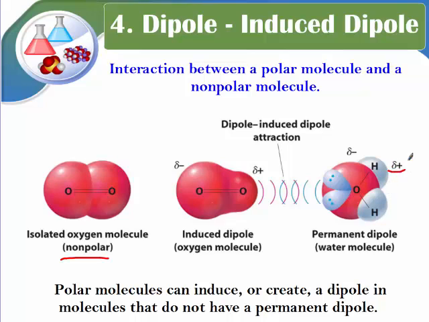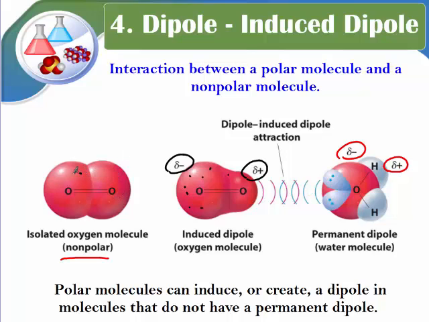So water is slightly positive and slightly negative. When this slightly negative oxygen comes close to oxygen, all of oxygen's electrons start going towards the left-hand oxygen, making this side slightly negative and this side slightly positive. So then we have some attraction, which then induces the next one.